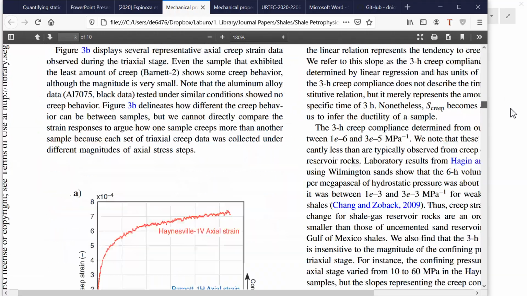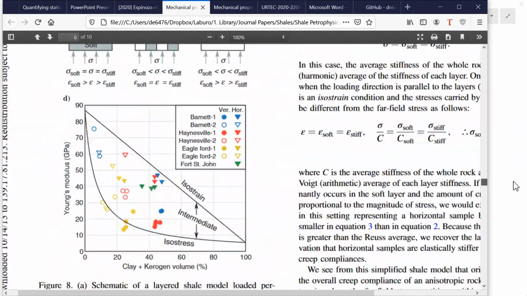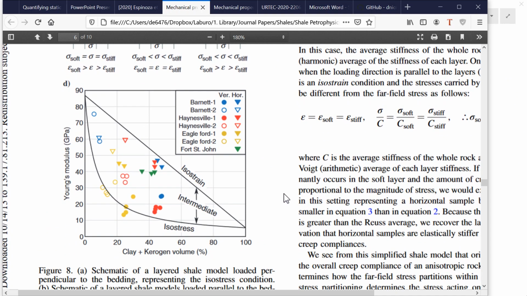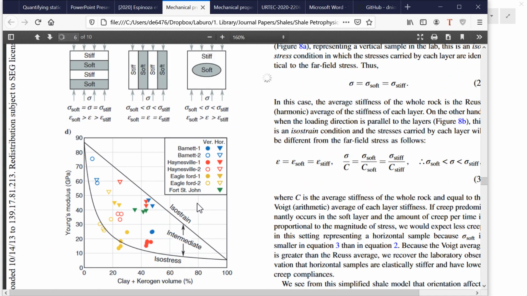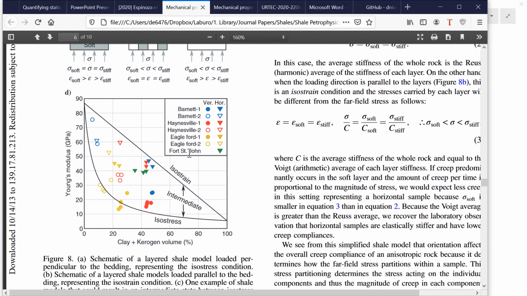In this publication, in figure number 8, we see results of Young modulus for shales in vertical and horizontal direction. The vertical direction are the circles, and the triangles are the ones measured in horizontal direction for different samples.